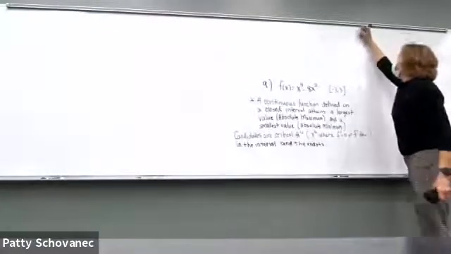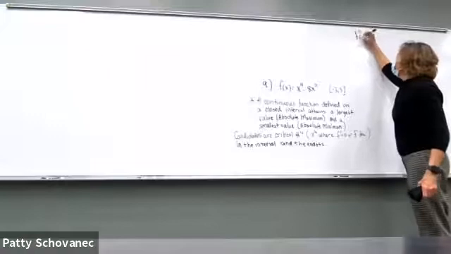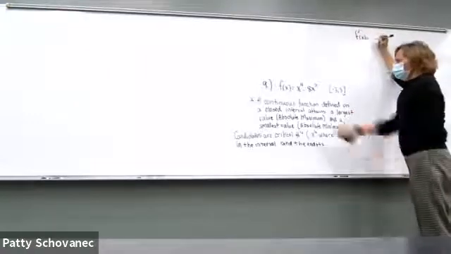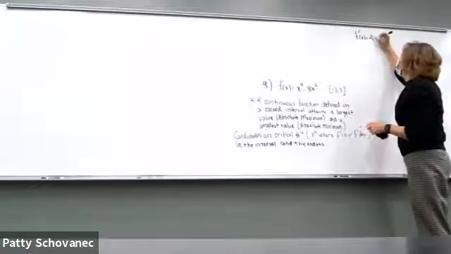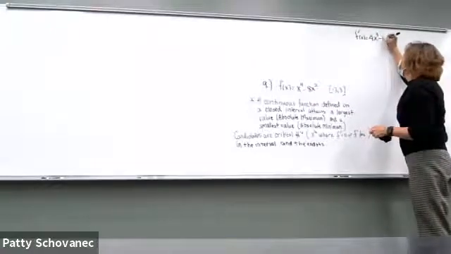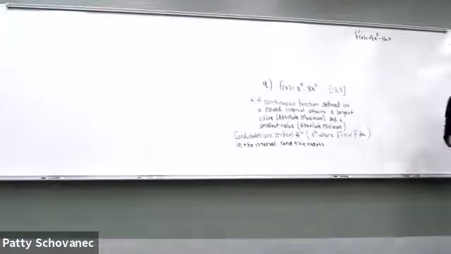Take the derivative. And we'll get 4x cubed minus 16x. Set that equal to 0 and see if you can solve for x.